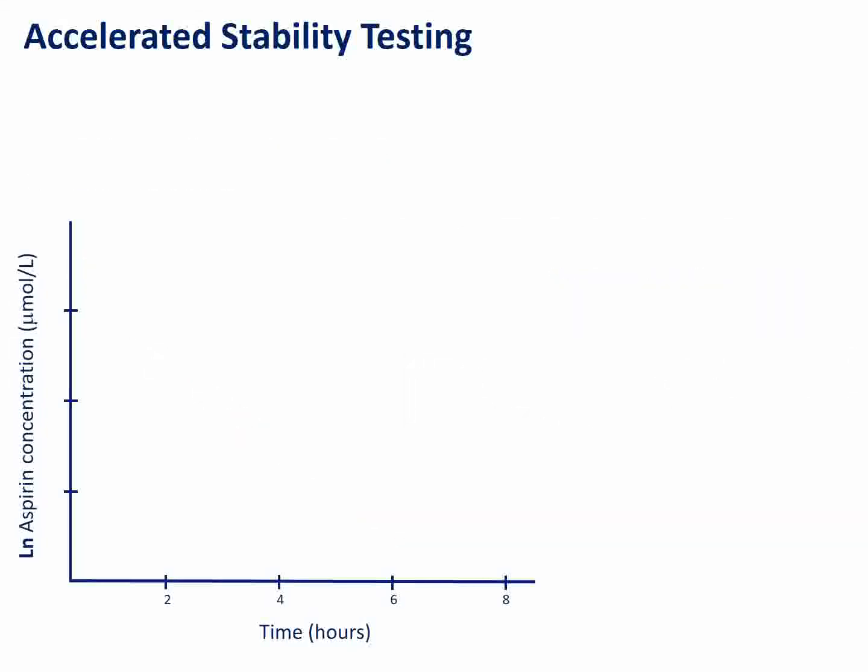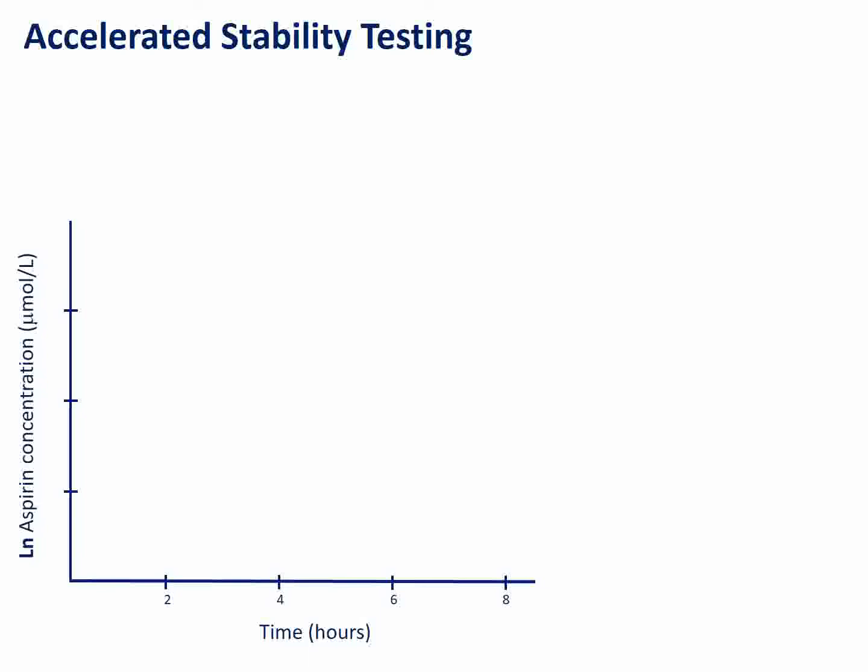So having seen that the hydrolysis of aspirin is not a 0 order reaction, the next plot that we try is the first order plot. Here we still have time on the x-axis, but now on the y-axis, instead of just having aspirin concentration, we've now taken the natural log of the aspirin concentration. That's the ln button on your calculator.